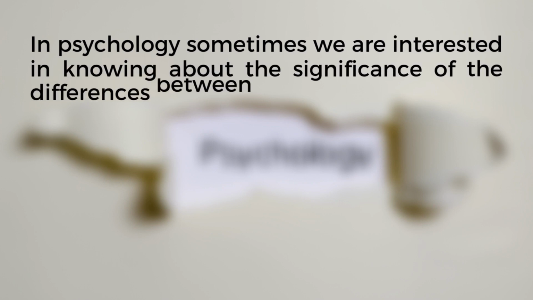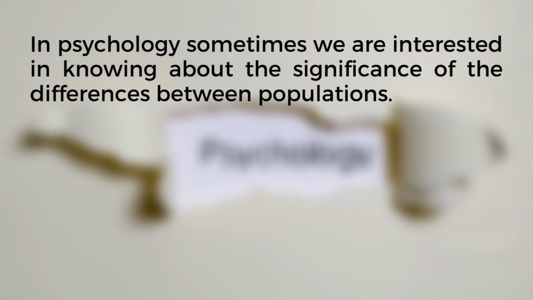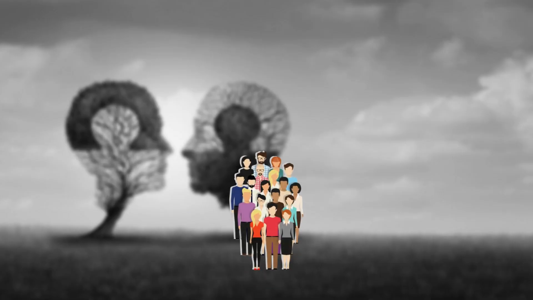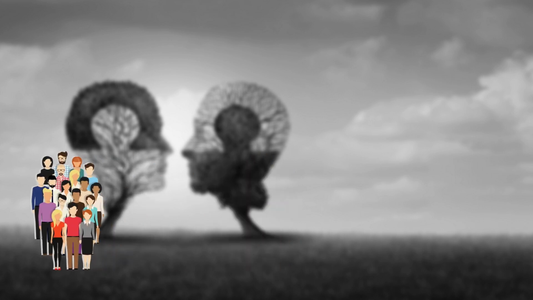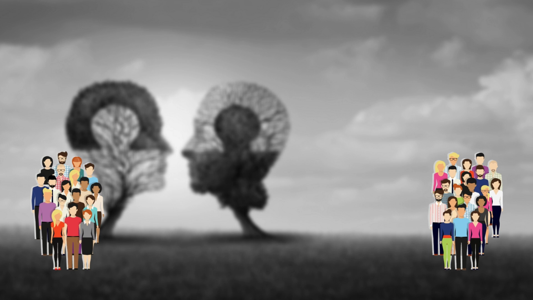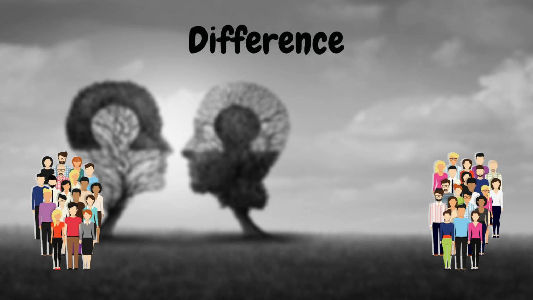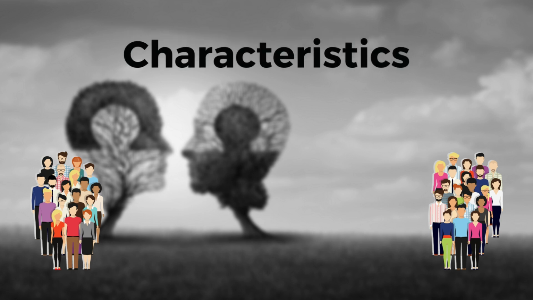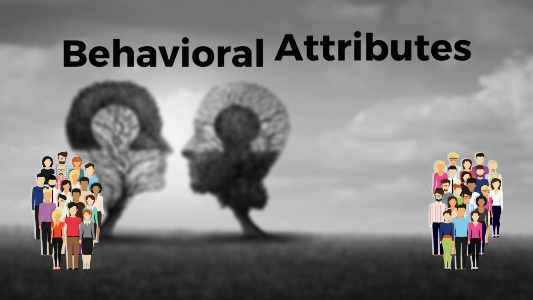In psychology sometimes we are interested in knowing about the significance of difference between the populations. It means if we have data from one population and data from another population, what type of difference exists between the data of the two populations with respect to certain attributes, certain characteristics, or certain behavioral attributes.